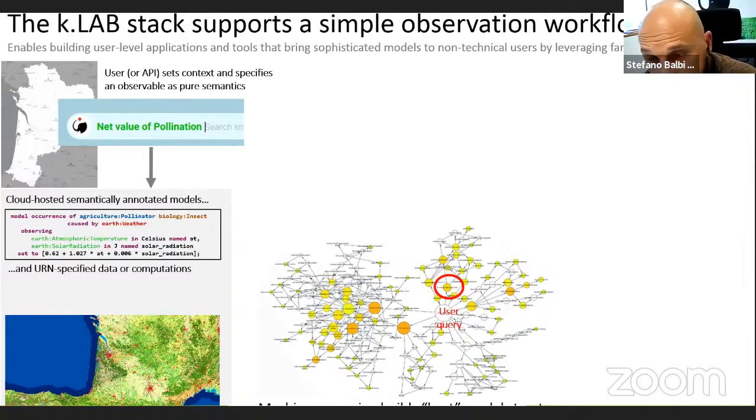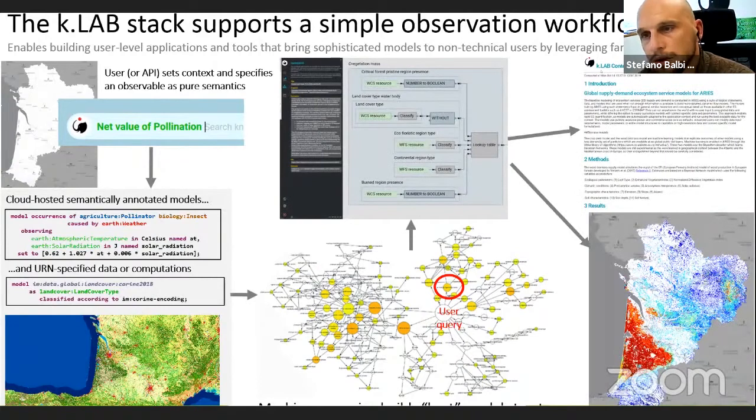And this query is passed in the semantic network, and the machine is able to construct the computational workflow needed to respond to the question, and then produces the modeling output, which are both maps, but also written reports, explained in a narrative way, and also the computational workflow itself, fully documented in a data flow like this one. We are going to see this in the tutorial.